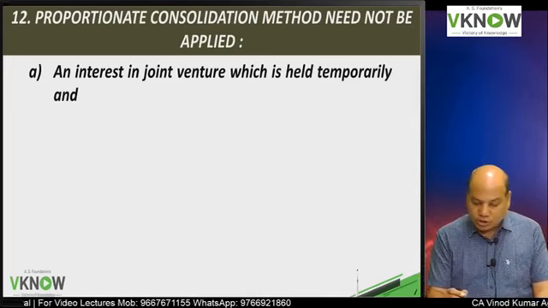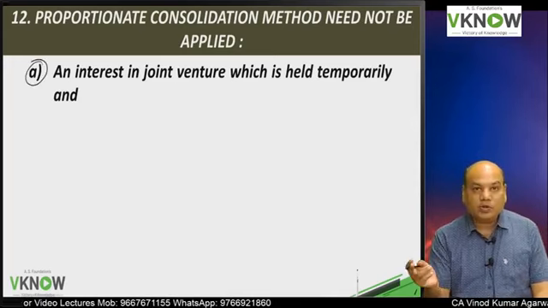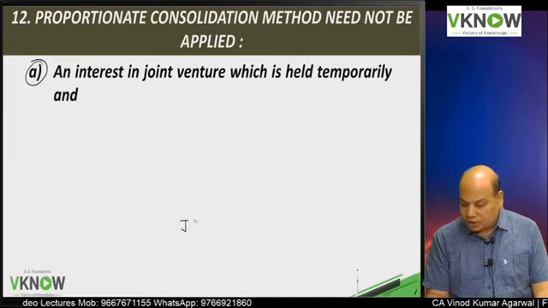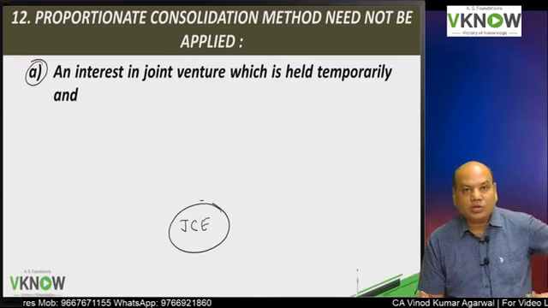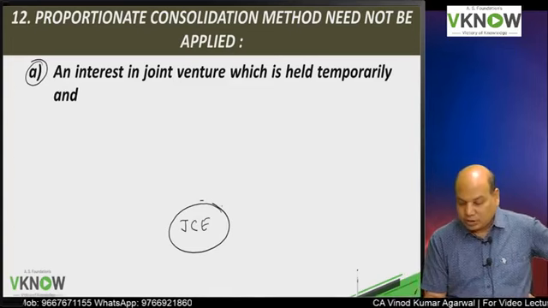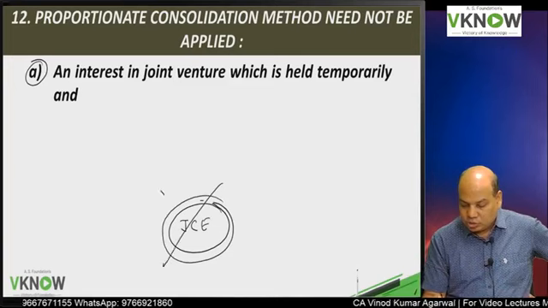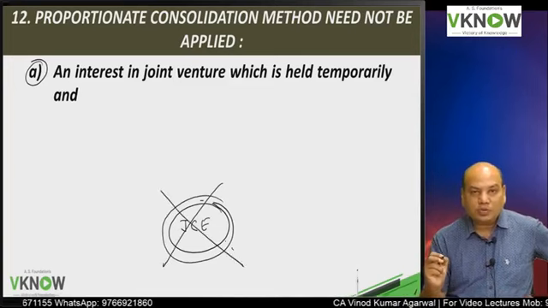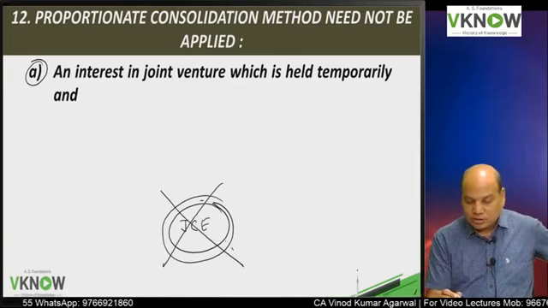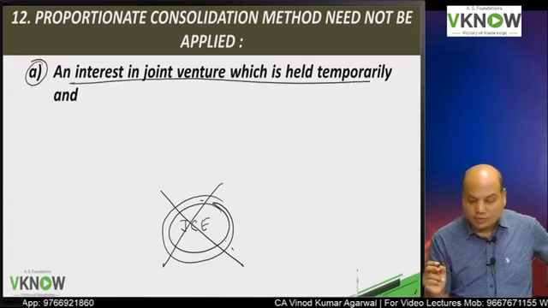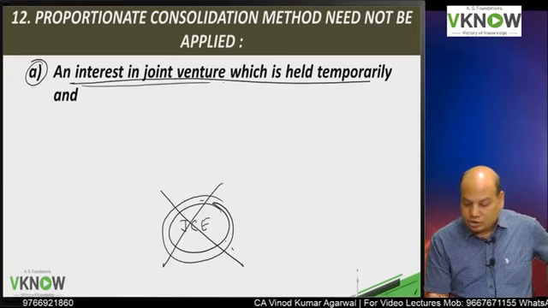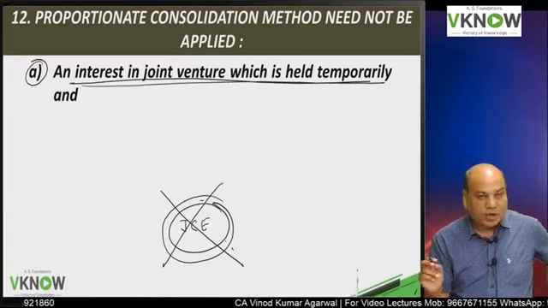When will the proportionate consolidation method not be followed? This paragraph was there in AS 23 also. You have a jointly controlled entity, but the standard says you need not apply the proportionate consolidation method. When? This is a theory question also in the book at the end. First, when the interest in the joint venture is held temporarily.